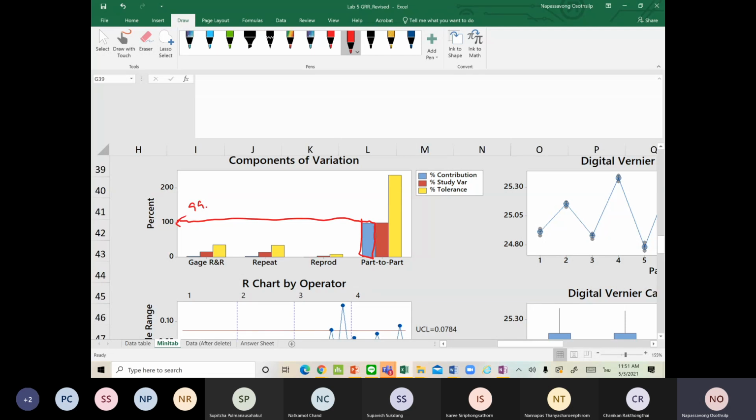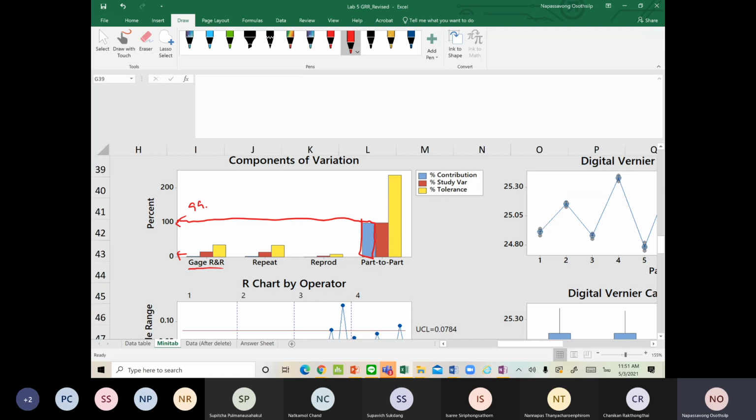If you want to look at it, from 100% of total variation, it is explained by the part variation about this much, and by the gauge about this much.